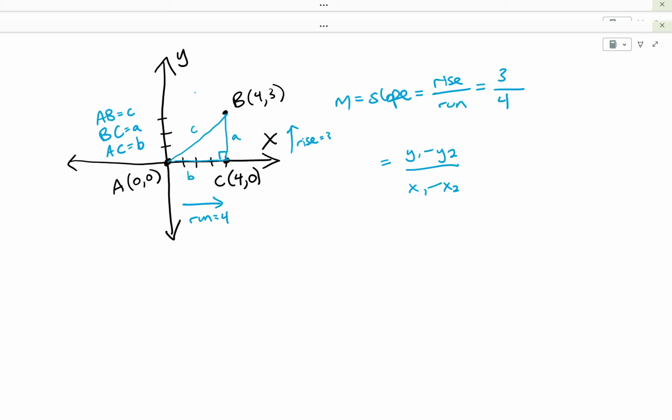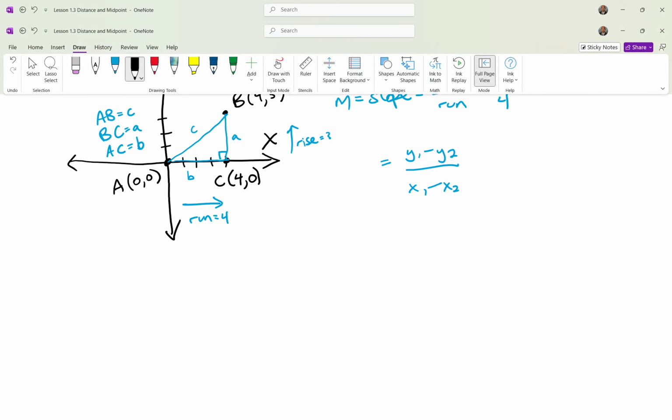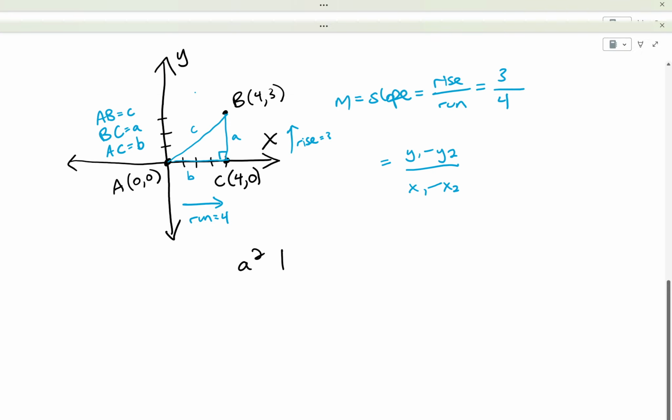Now, I want you to remember that the Pythagorean theorem states that a squared plus b squared is equal to c squared. And we're going to marry these two concepts together, because remember what we have here. Rather than a, a coming over here is really this, which is BC, and BC is the rise.